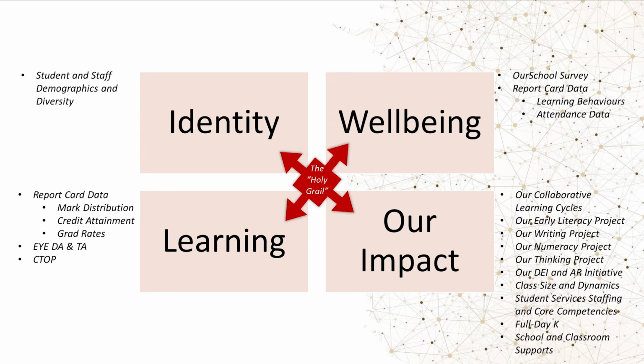And our DEI and Anti-Racism Initiative, the class size and dynamics I've just talked about. How we staff student services and their core competencies and responsibilities. We have a full-day K initiative, and we're trying to measure the impact of that and trying to convince Manitobans we should have full-day K, and it should be universal like it is in so many other parts of the world. That's enough of that.